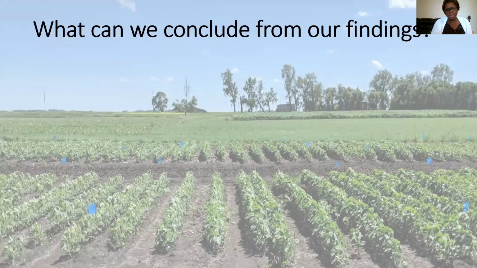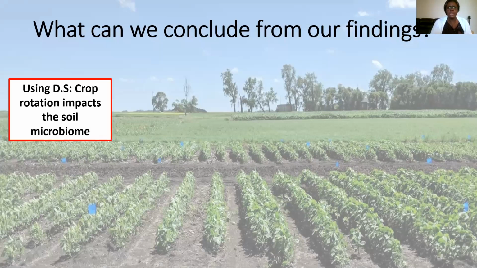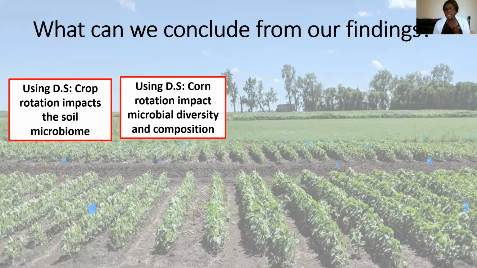So from all of these, we can pretty much conclude that using data science, crop rotation impacts the soil microbiome, so the bacteria population, like I told you guys previously. Not only that, using data science, crop rotation impacts the diversity, where we can see that the corn sample messed up the diversity, whereas the soybean and the canola samples were quite okay.